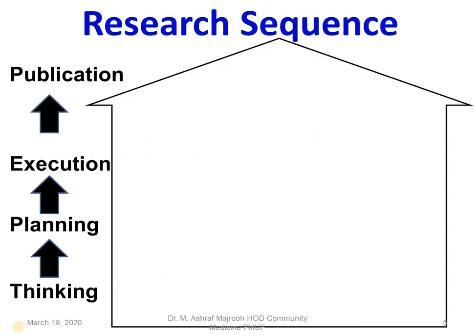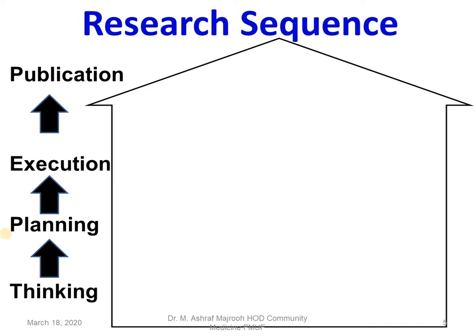Now, what is the research sequence? The research sequence starts with the human thinking process. You are curious to learn about things and to add to the existing body of knowledge.